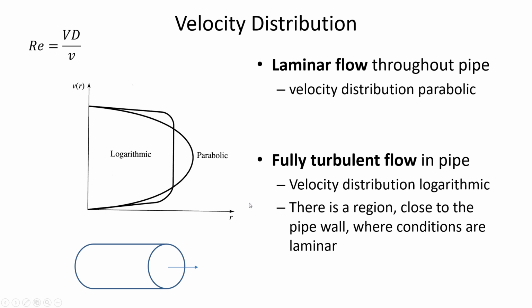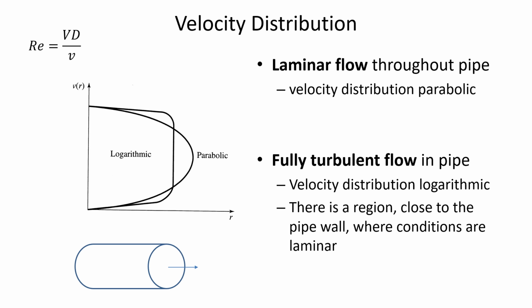But when you increase the flow velocity into the range that's associated with fully turbulent flow, you won't necessarily see that same parabolic distribution because of randomness inside of the pipe. A fluid particle in laminar conditions that's flowing through the pipe, if it starts in the center of the pipe, is more or less going to stay in the center of the pipe the whole time it's flowing through.